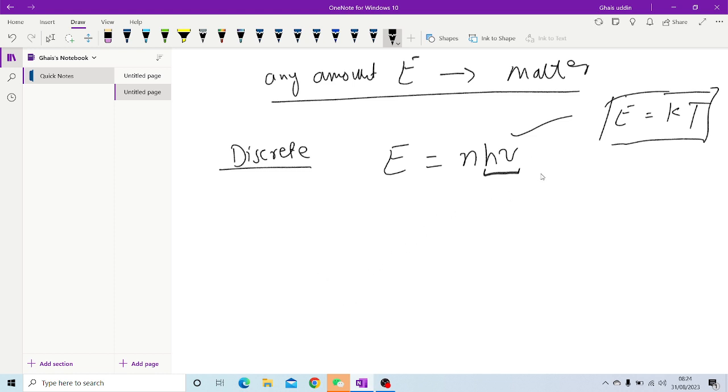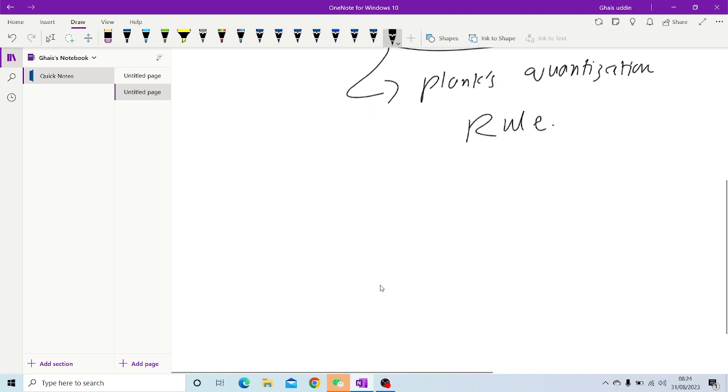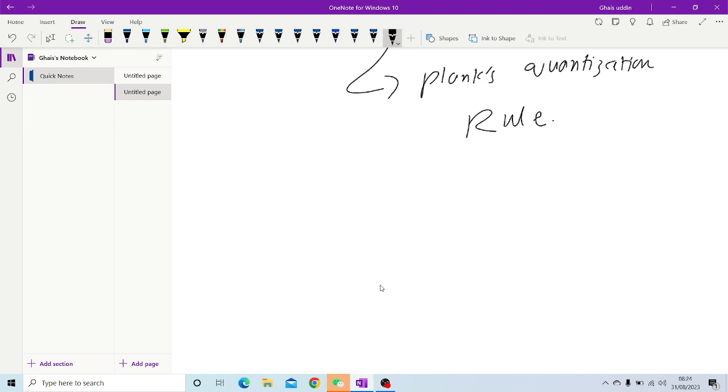This equation E equals h nu is called Planck's quantization rule, and this is a very big achievement. Now Planck assumed that the energy of the oscillator is quantized.